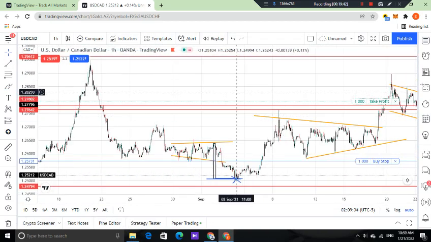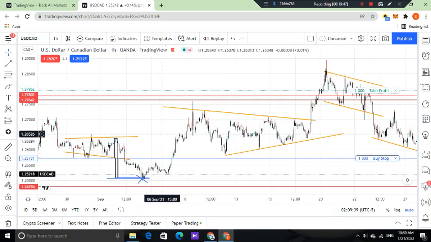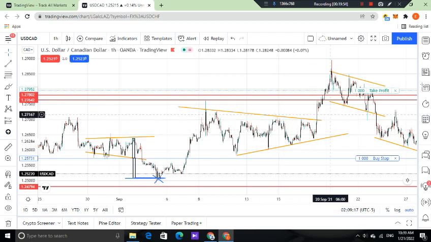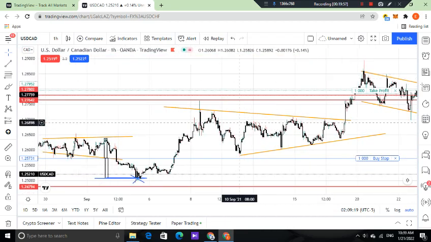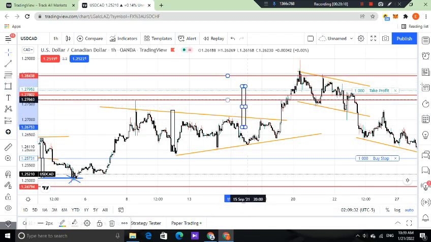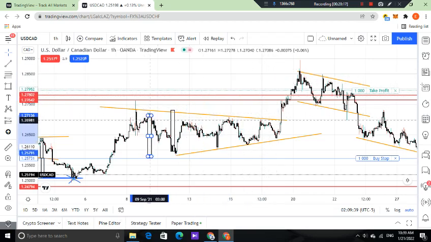And right after that, we see a symmetrical, this kind of regular triangle. And if I want to measure and have a target for this, I would say, yeah, it definitely hit your target.